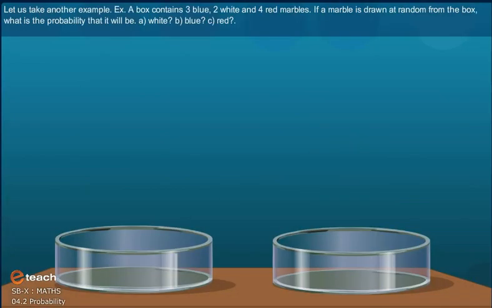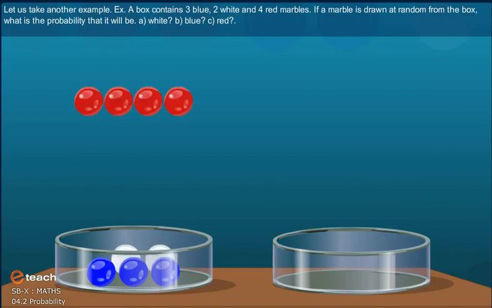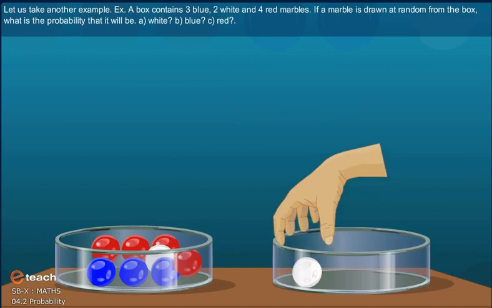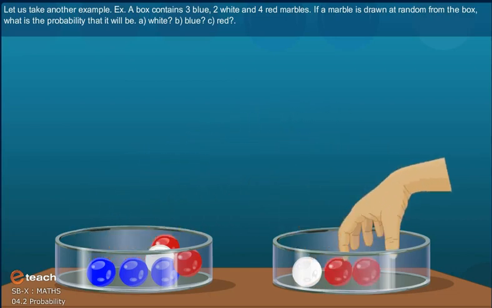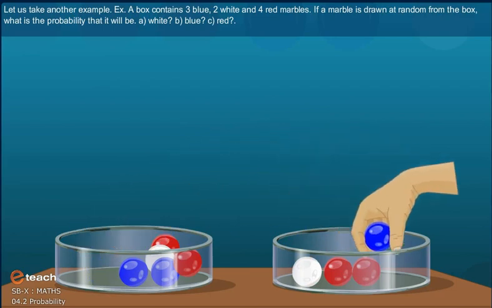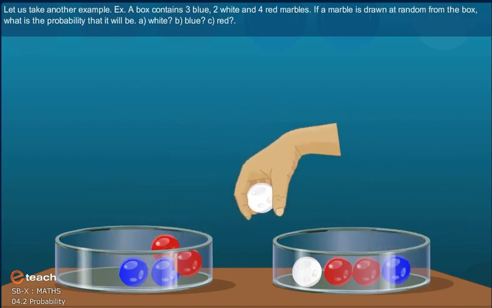Let us take another example. Example: a box contains 3 blue, 2 white and 4 red marbles. If a marble is drawn at random from the box, what is the probability that it will be white, blue or red?